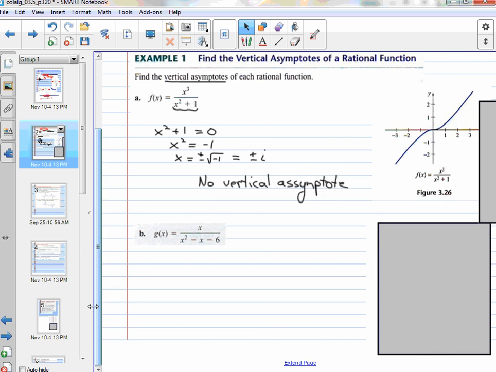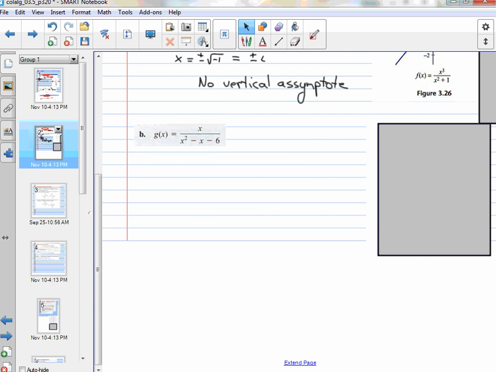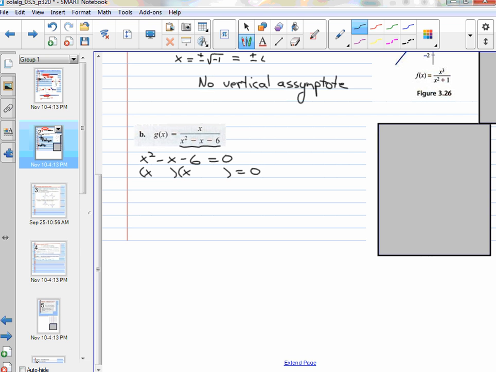So let's go to the next one. This is a better way. I want to find the vertical asymptotes. Where does this equal 0? Well, I need to factor that so I can figure out where it equals 0. X times x, we could do negative 3, positive 2. Multiply to negative 6, add to be negative 1.